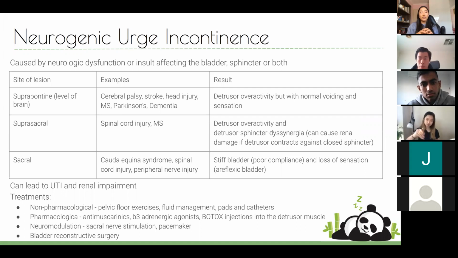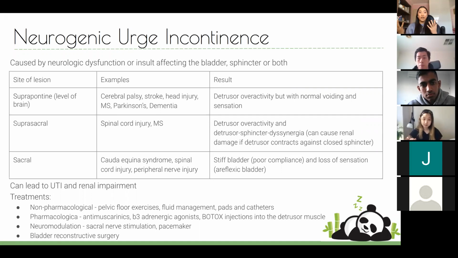When you have a lower down lesion, you're cutting off the detrusor muscle's supply, so it's not going to contract. So you get a stiff, flaccid bladder, and that's going to cause incontinence because it'll fill up and not be able to expand as well. And when it's higher up, it's like spasticity with your limbs. When you have an upper motor neuron lesion, you get spastic.